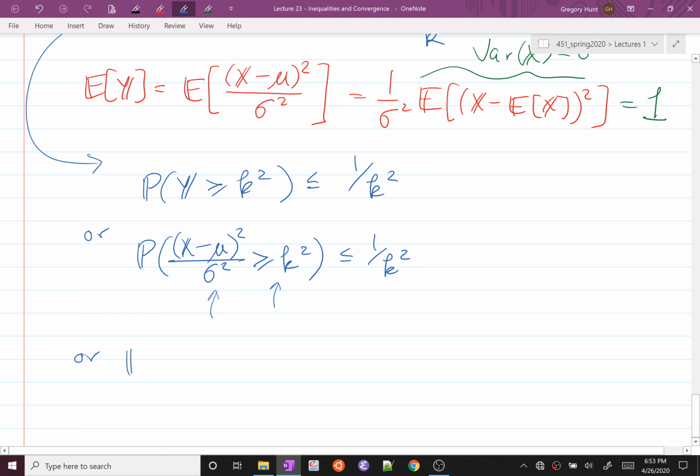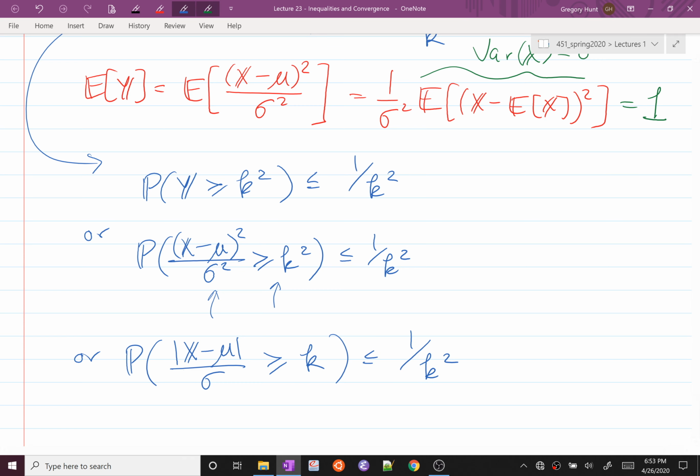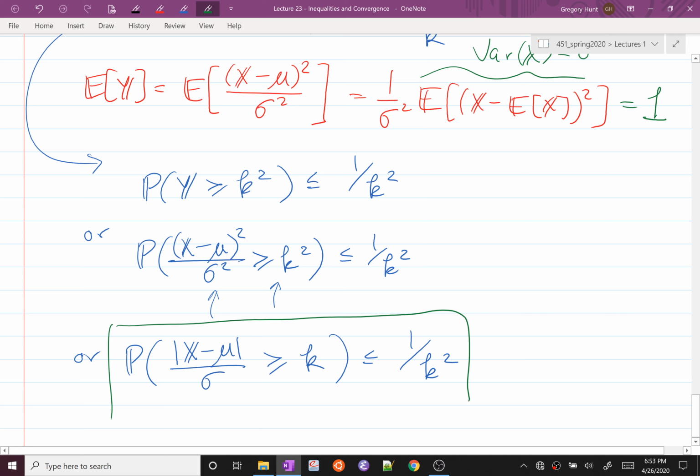So if I take the square root of x minus mu squared, I get the absolute value of x minus mu over sigma bigger than or equal to k, assuming k is a positive number, less than or equal to 1 over k squared. So this is the first form of Chebyshev's inequality, which is what I wrote.